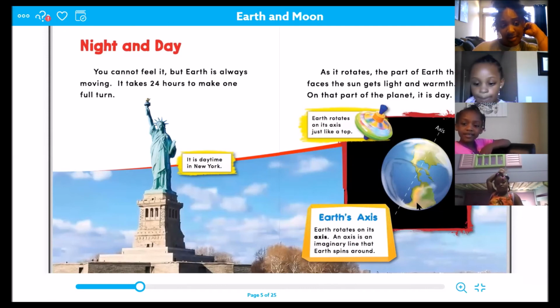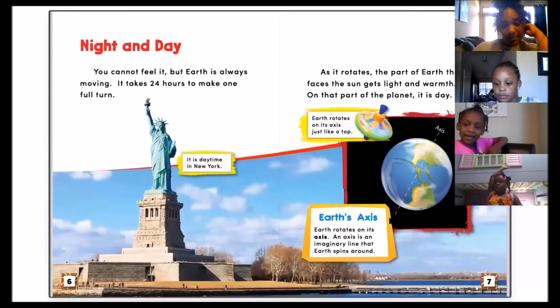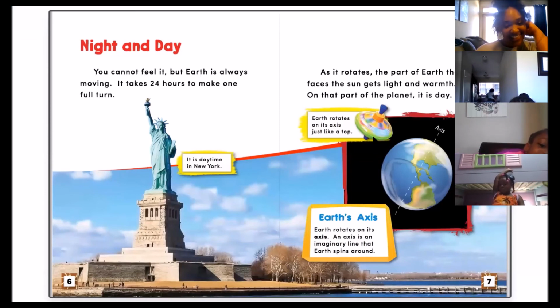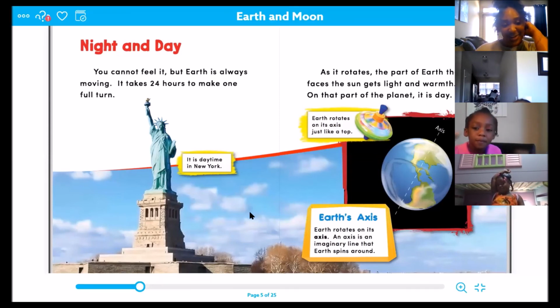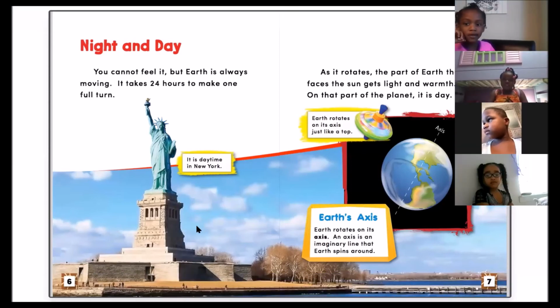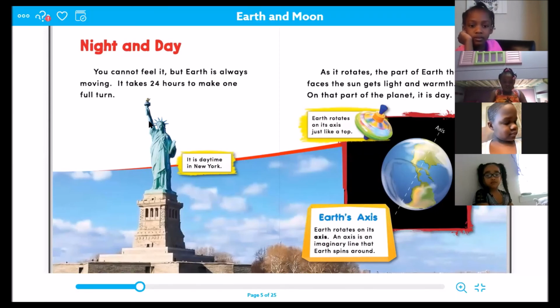And I see a spinny thing spinning around. Okay. Angelica? I see the Liberty statue. The Statue of Liberty. Yes.